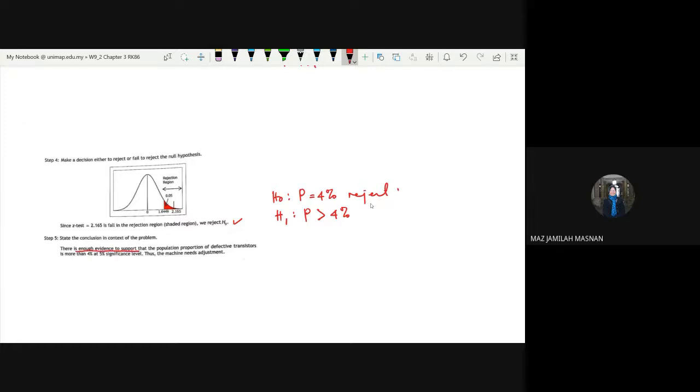This is the common term used if you have sufficient evidence to support your alternative hypothesis. So there is enough evidence to support that the population proportion of defective transistors is more than 4% at the 5% significance level. So the machine needs adjustment. That will be the first example.